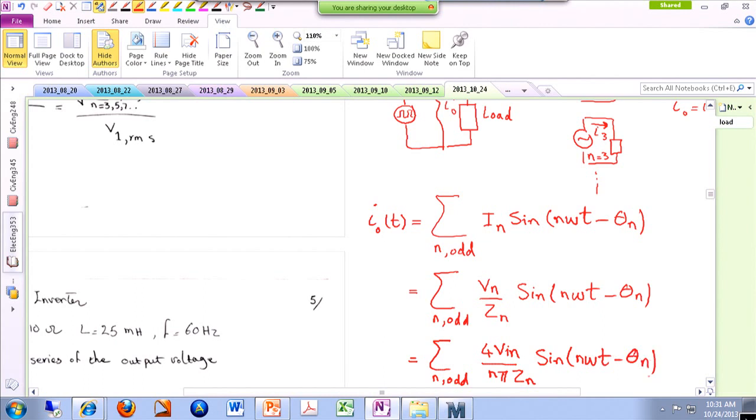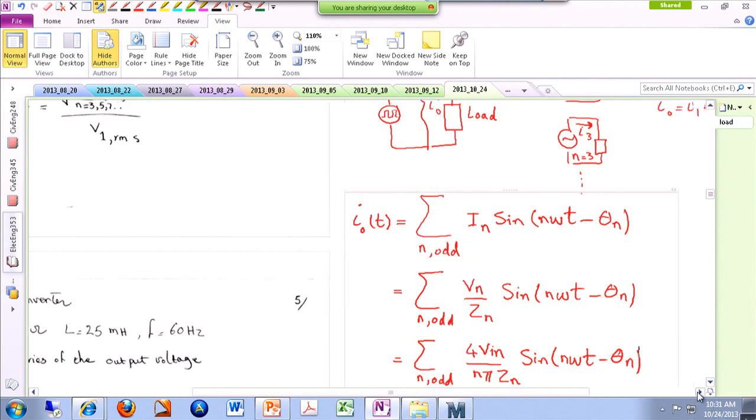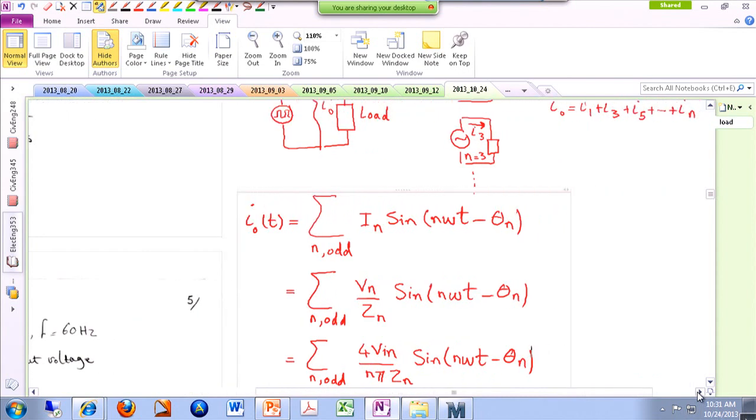All right. Okay, now what is theta n? Theta n is the angle of the current, which is like a phase lag.